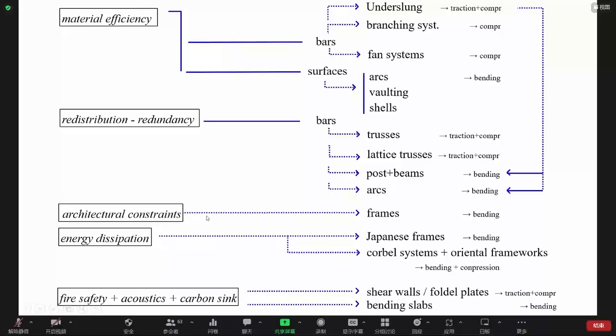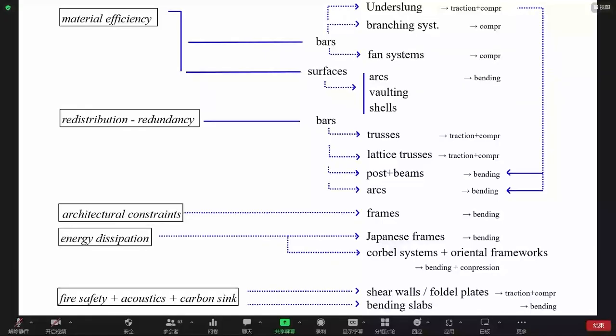If you want to guarantee fire safety, acoustics, and carbon sink, you go to massive timber construction with shear walls and bending slabs made of CLT, for instance. If you have the problem of earthquakes, you can go to traditional Japanese or Chinese architecture or covered systems, as you have seen in the very first bridges, in which you will be dissipating energy in the connection and not damaging the structure.